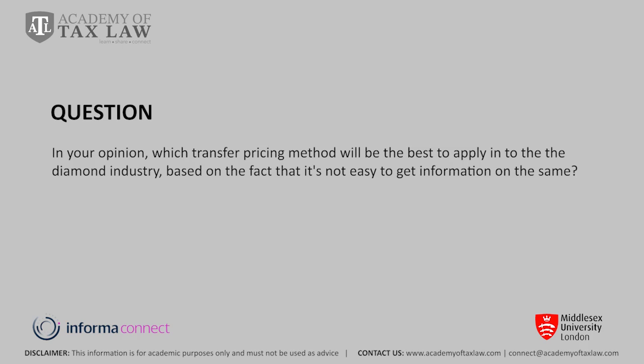So as an example, a company with exclusive access to diamond mines or proprietary polishing techniques may warrant a larger share of the profits. However, PSM can be complex to implement as it requires detailed financial data from all related entities, and the allocation of profits can often be subjective.